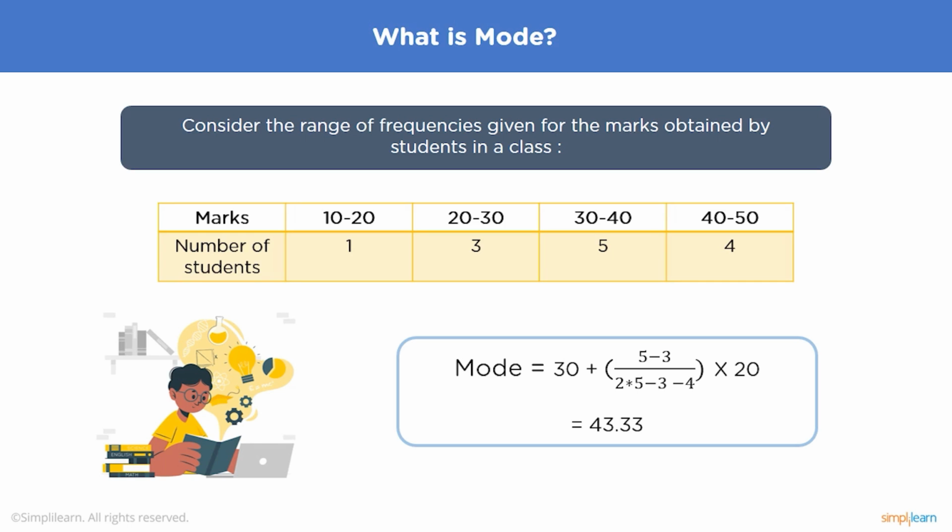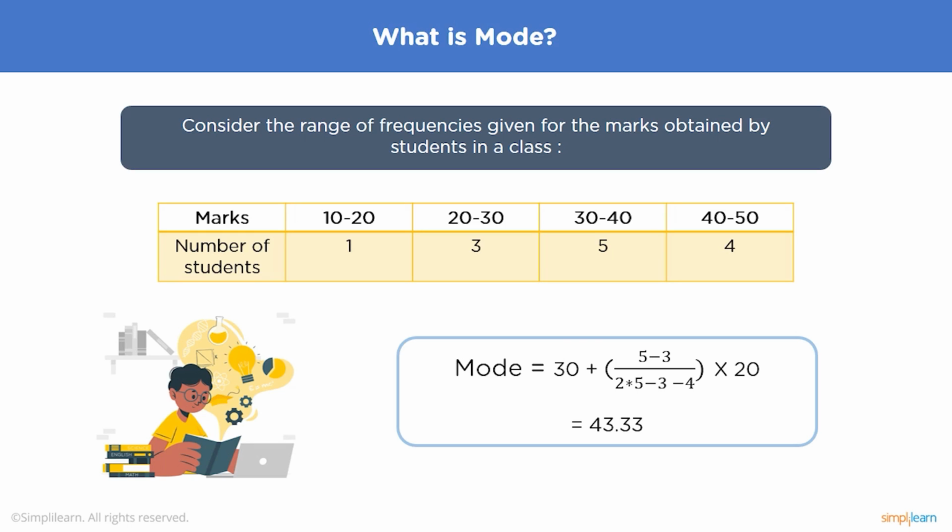F2 is nothing but the frequency of the class succeeding our modal class, which here is 40 to 50. We then multiply this fraction by the class width. After solving, we get 43.33 as our mode.